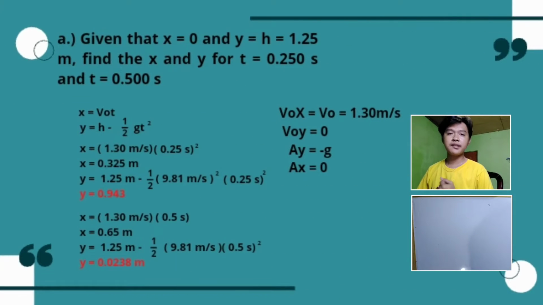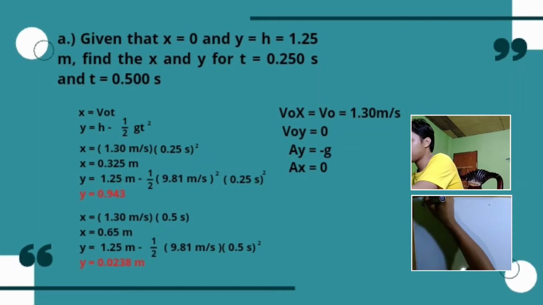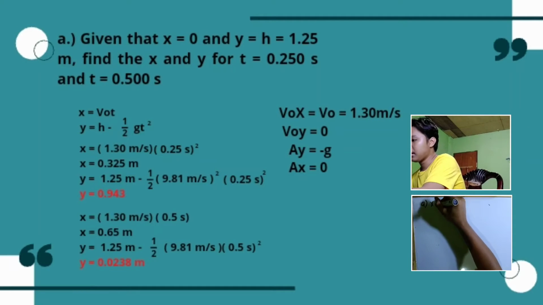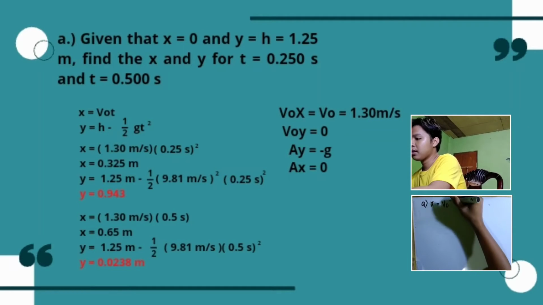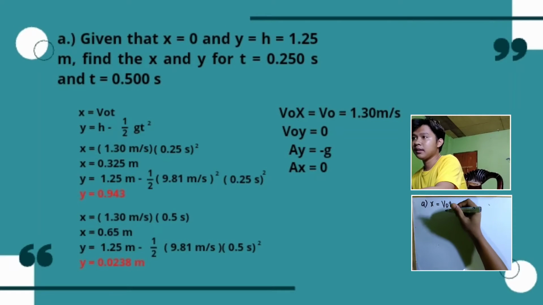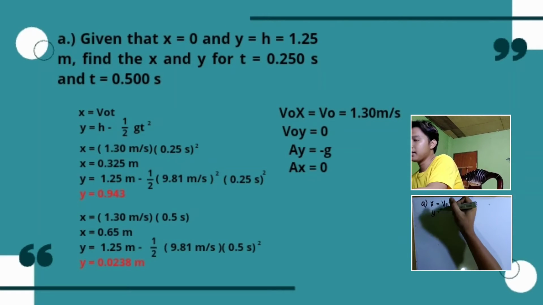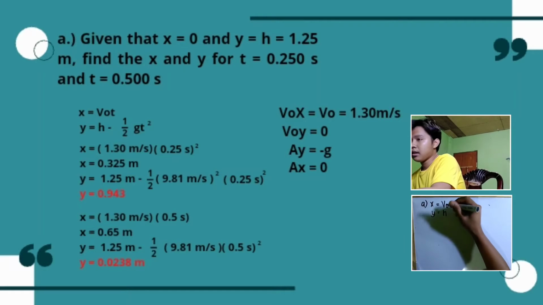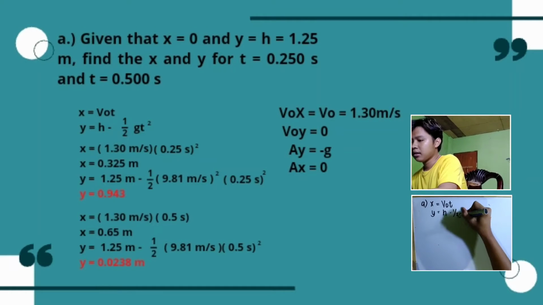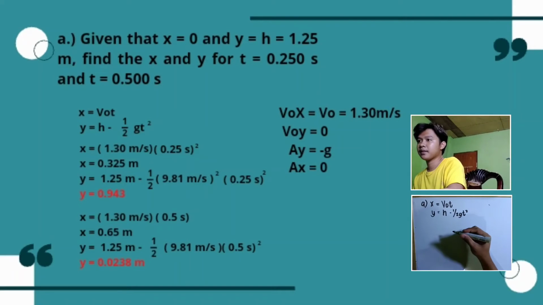So, in example number 1, the A is x equals v sub o t and y equals h minus 1/2 g t squared.